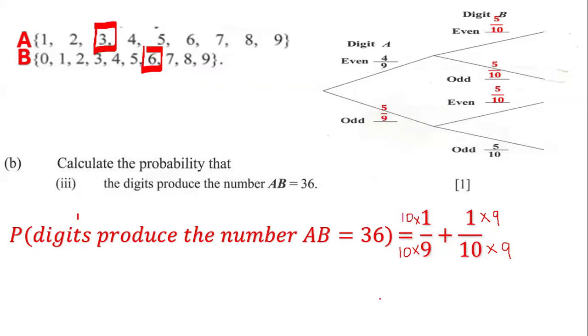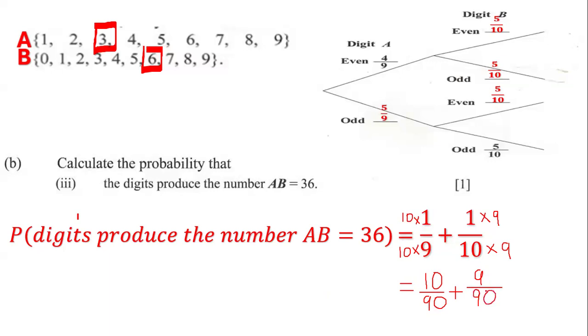So what do we have? We have 10 times 1, which is equal to 10. And then 10 times 9 is equal to 90, plus 1 times 9 is 9, all over 10 times 9, which is 90.